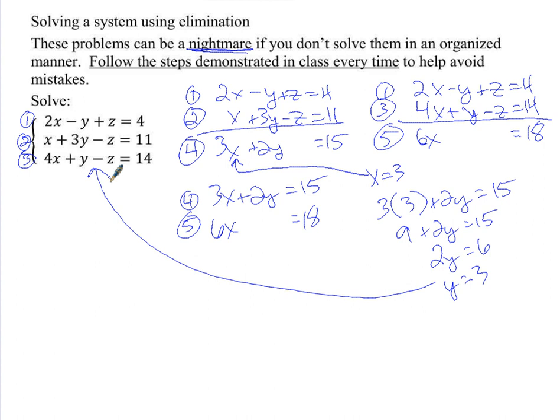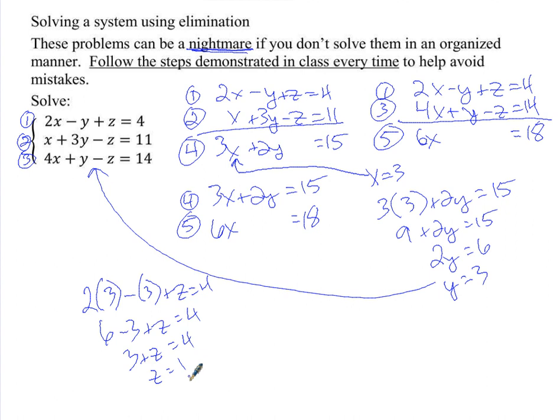I'm just going to choose equation 1. So 2 times x, which is 3, minus y, which is 3, plus z equals 4. So that's 6 minus 3 plus z equals 4. Combine like terms, 3 plus z equals 4. Subtract 3 from both sides, z equals 1.